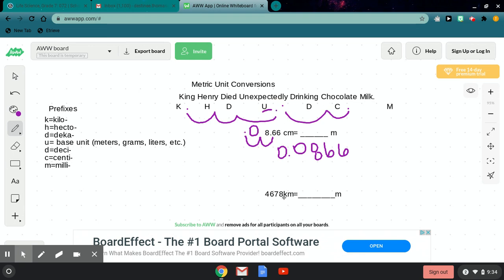So our decimal point is understood to be at the end of this number, even though it's not physically there. So let's put our decimal there, and then we want to move 3 places to the right. We have to fill in those spaces with zeros, even though these don't look like zeros.